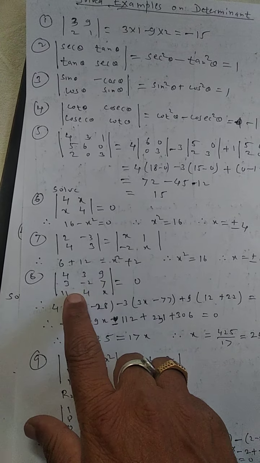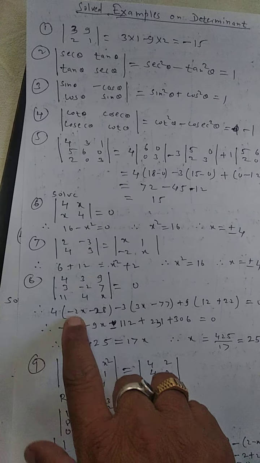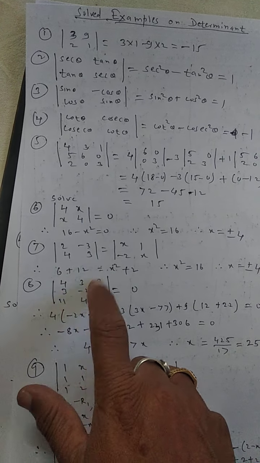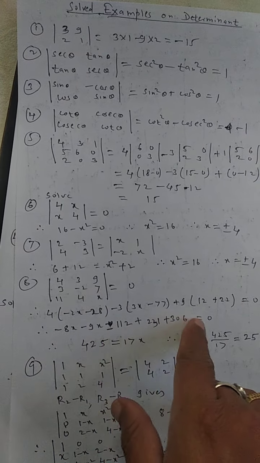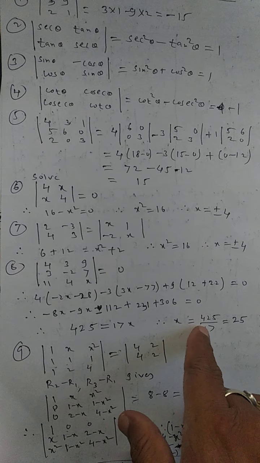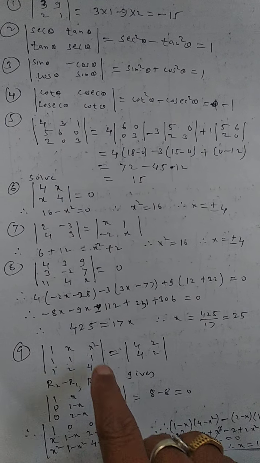Then 4 3 9, 3 minus 2 7, 11 4 x is equal to 0. Expand this determinant on LHS and see the final answer is x is equal to 25.